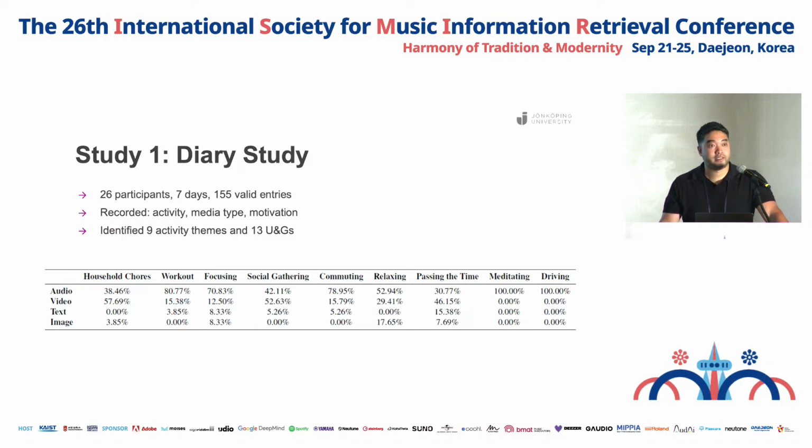The analysis showed that we could divide them into 9 different activity themes and 13 different uses and gratifications. So activity themes like household chores, working out, and motivations like to relax, to unwind, to motivate myself for working out.